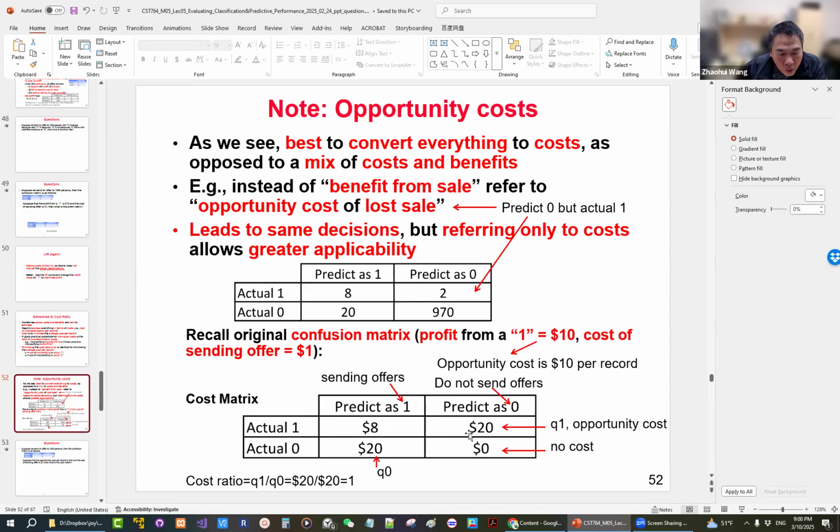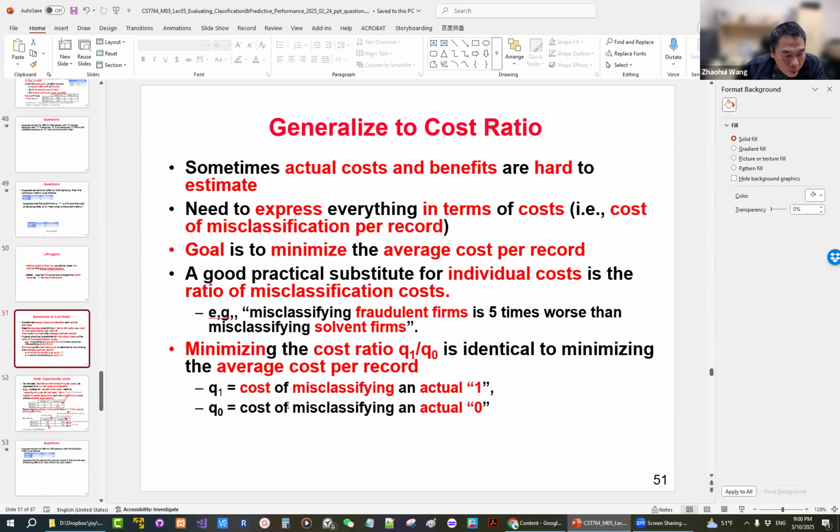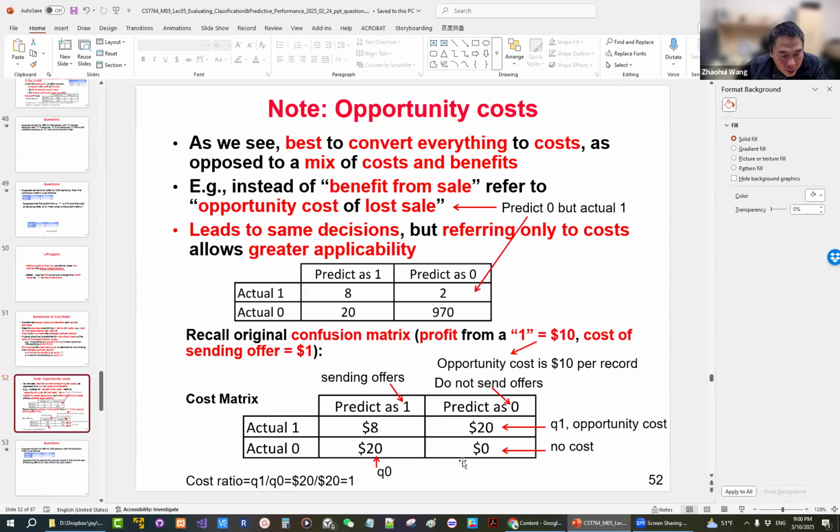This will be Q1. Q0 is defined as misclassifying actual 0. So misclassifying to be 0 will be this one, with $20. So the ratio will be Q1 divided by Q0, $20 divided by $20 will be 1. So the cost ratio for this case is 1.